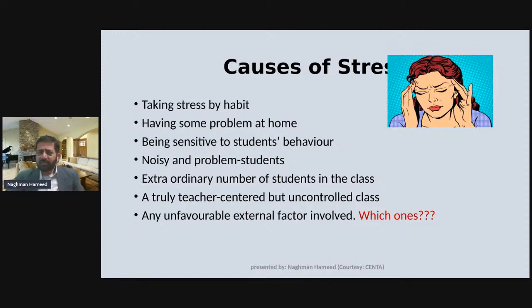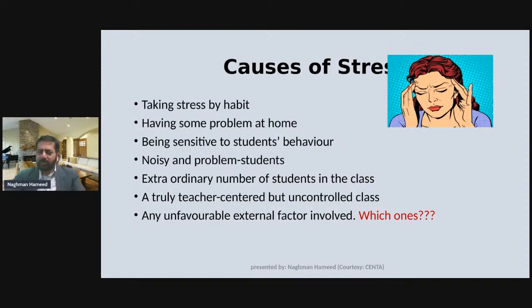Another important factor is a truly teacher-centered but uncontrolled class. The class is not under control, and the teacher keeps on talking and talking, and it is a teacher-centered class, not student-centered. There needs to be an appropriate proportion between the teacher-centered time and student-centered time. If that is not maintained, the class becomes uncontrollable, and it creates problems, and finally it puts stress on the teacher.